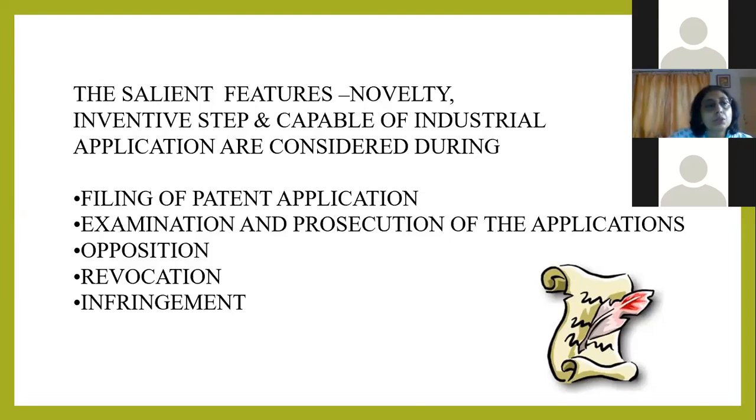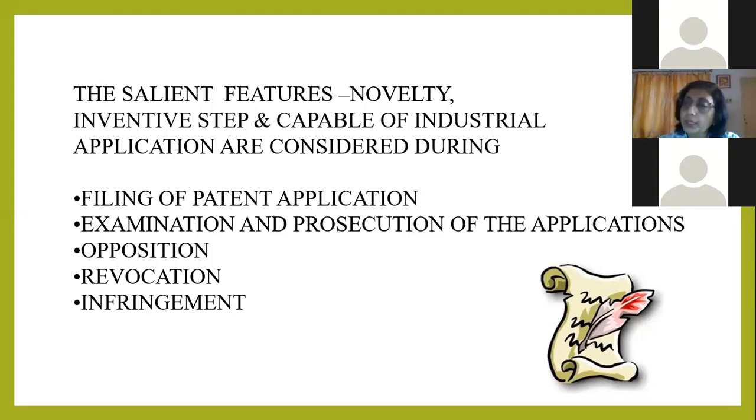Now, then during prosecution and examination, these are the features or the qualities or the characteristics of the invention which are tested by the examiners. Then these are the grounds for opposition. These are grounds for revocation.